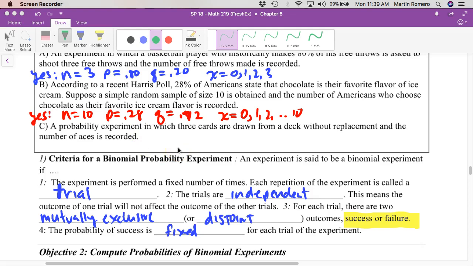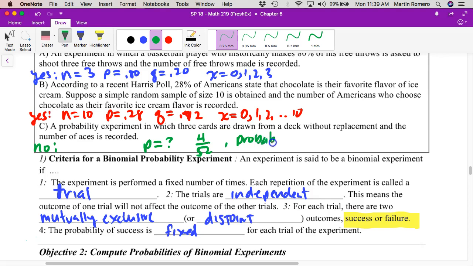The problem with this one is that this is not a binomial experiment. The reason is the probability of success. What does P equal? Well, for the first card, it's 4 out of 52. And then after that, the probabilities change.